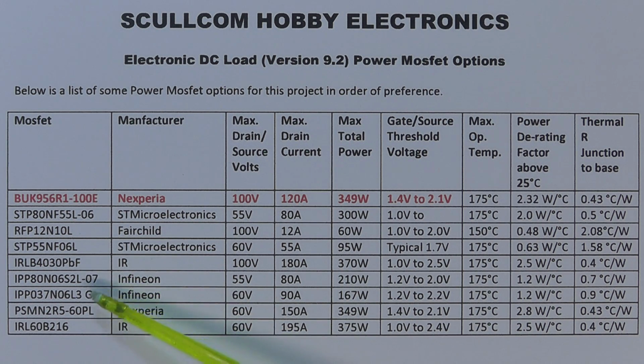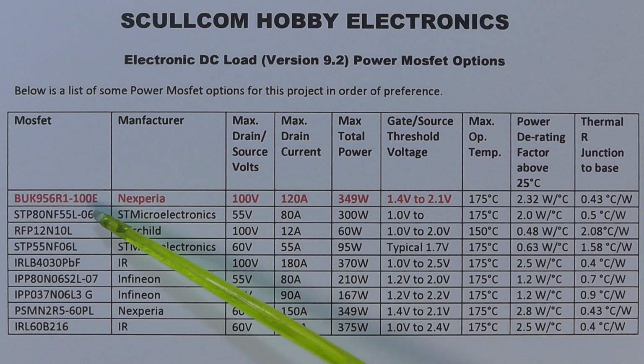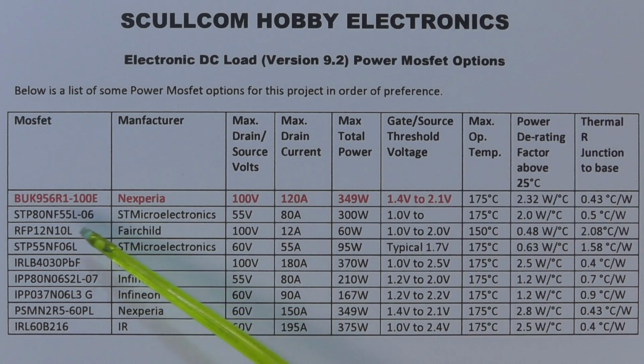Although you can use them on this project, you wouldn't be able to use them to the same power rating as the ones I'm suggesting higher up this list. So there we are, there are some alternatives. If you find it difficult to get hold of the BUK 956, then have a look at getting them in the order of the preferences I've put down here.